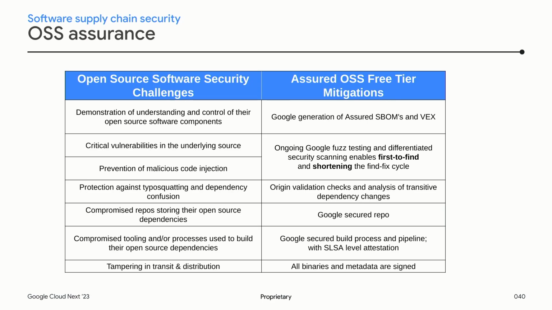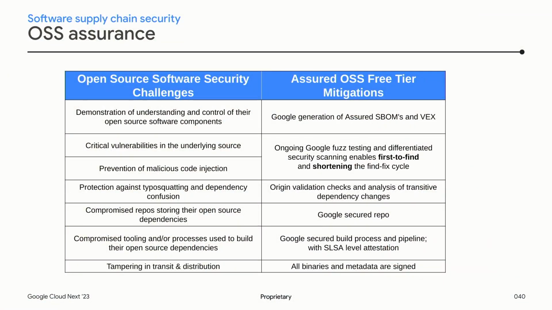It's in a Google secured repo, so taking advantage of the secure underlying infrastructure of Google Cloud and GCP to secure all the artifacts, the source code that we're pulling through the pipeline. And it's run through our process tools and our secure repos. And lastly, what we distribute to customers is signed, so it's tamper evident both in the underlying binary as well as the metadata that we serve.